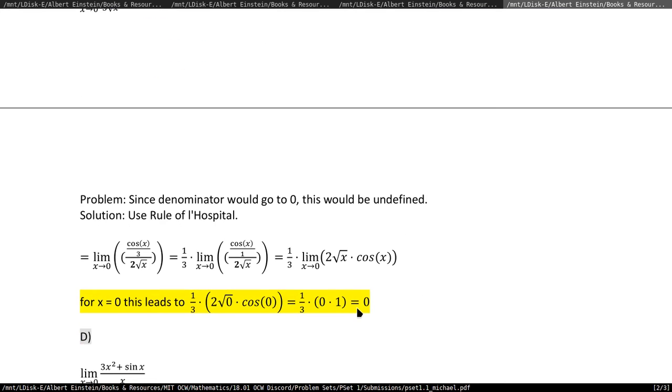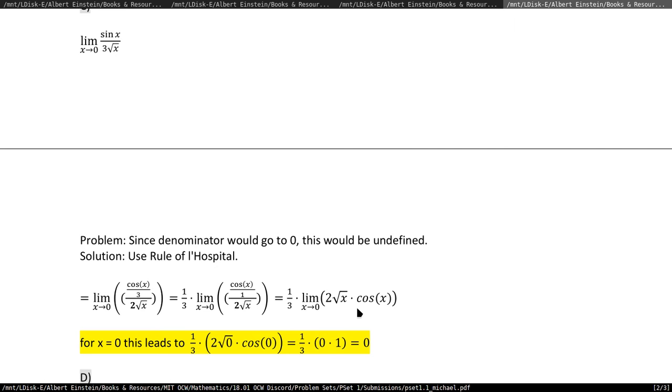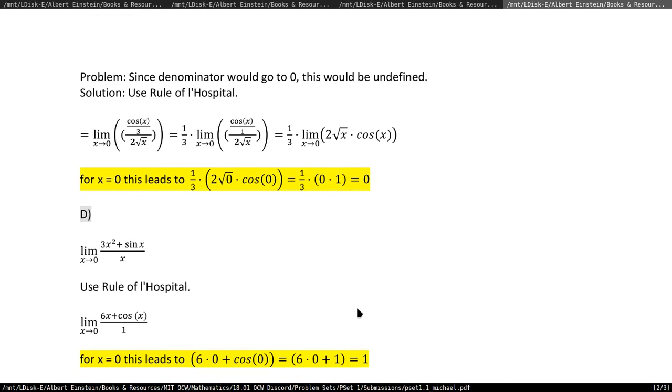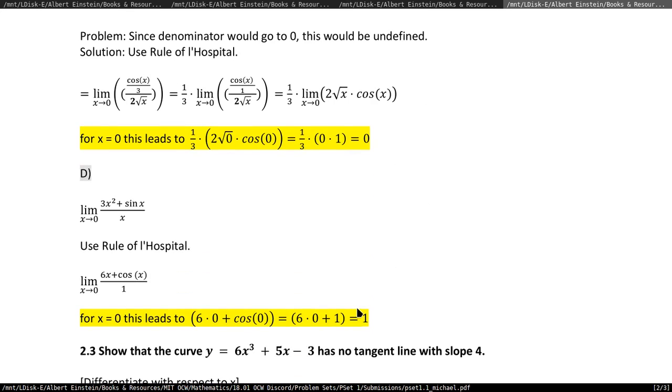Then I would have to split it up and look from minus infinity to 0, and plus infinity to 0, and from minus infinity to 0 it's undefined, as we already heard. So you have to look at it from the other side, and then you get 0.